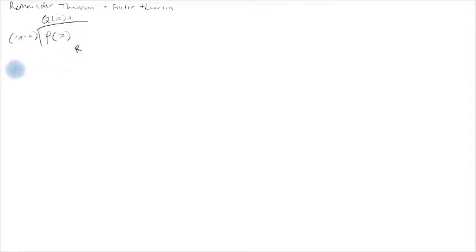How it's written is your initial polynomial is actually made up of the divisor, sorry, what you're dividing by, multiplied by your quotient answer plus your remainder there.